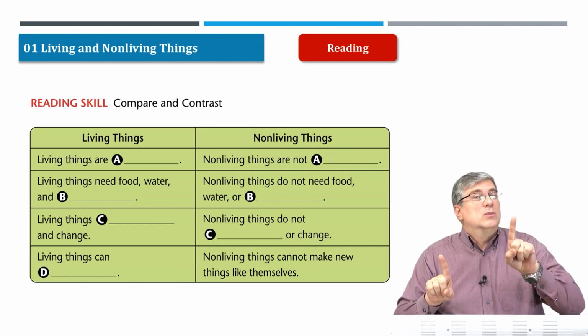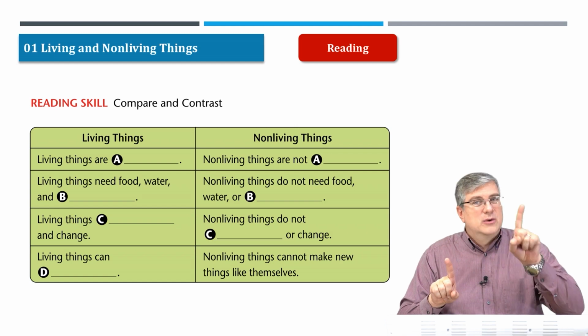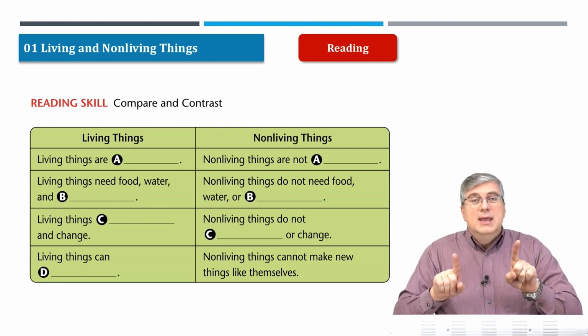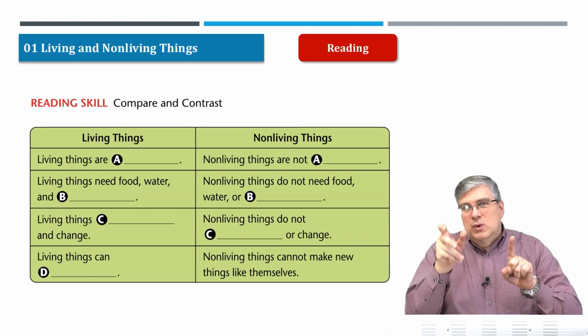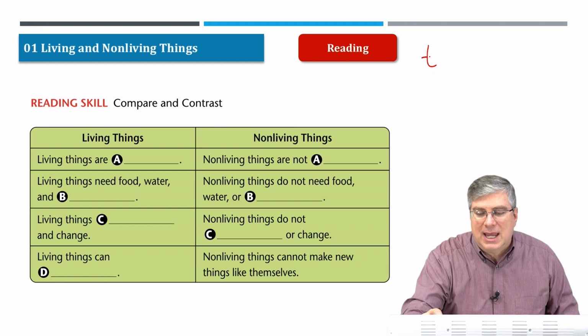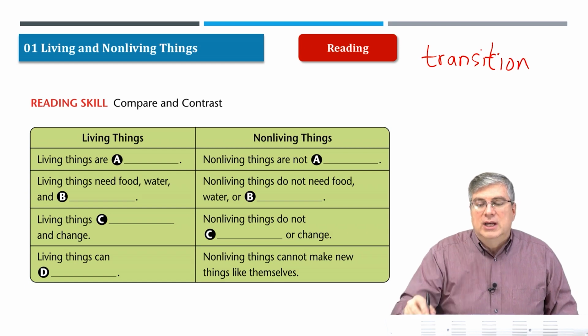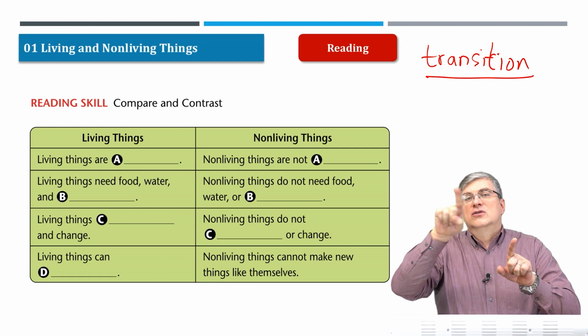First we read about living things, and we learned what living things do. Then, in the middle of the passage, we switched, we transitioned, right? A transition is when you change from one subject to another.